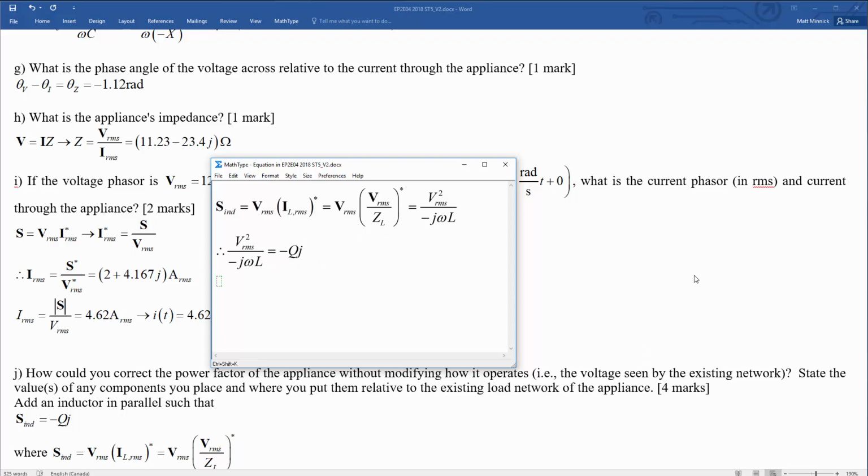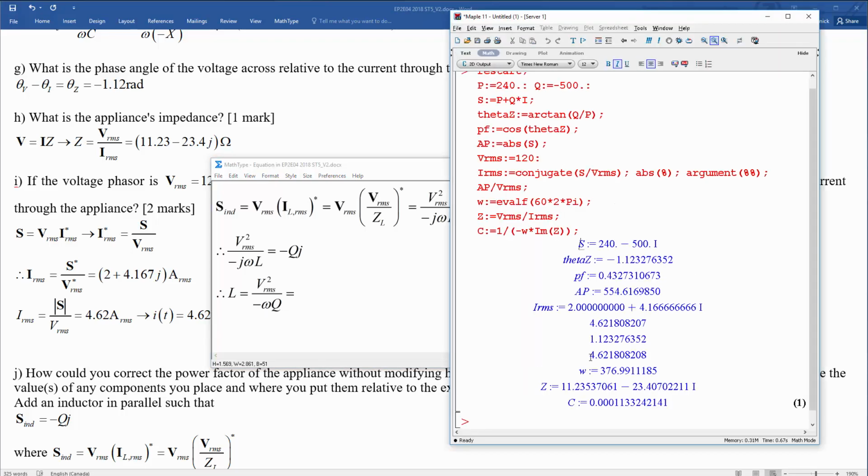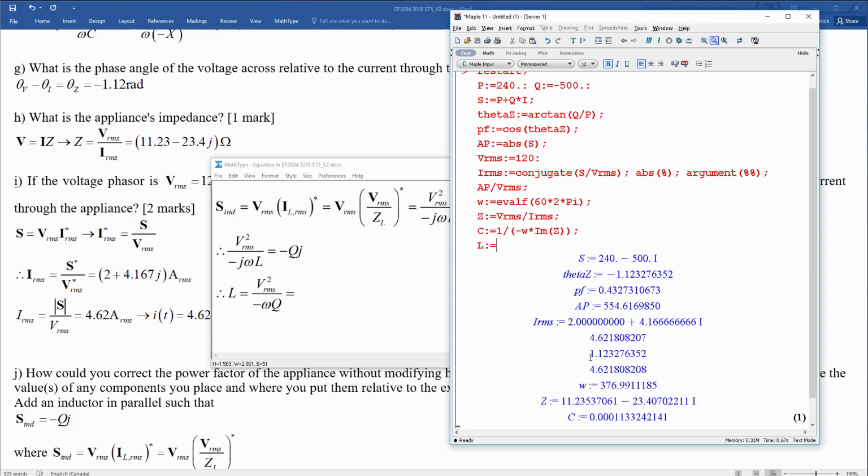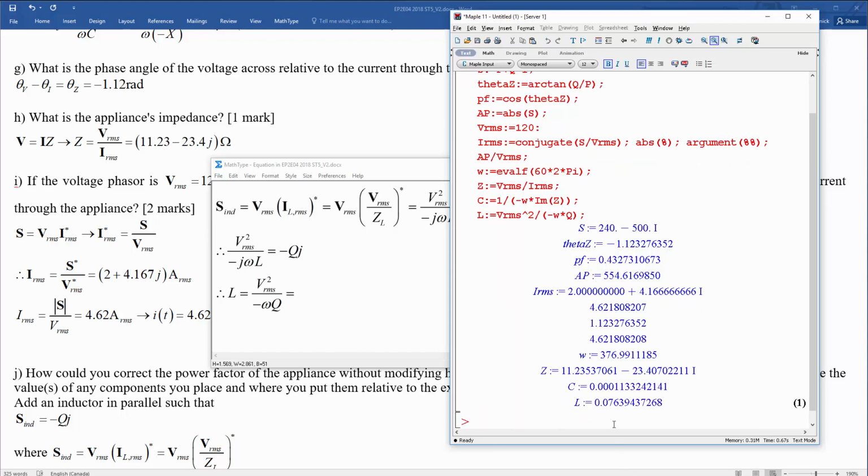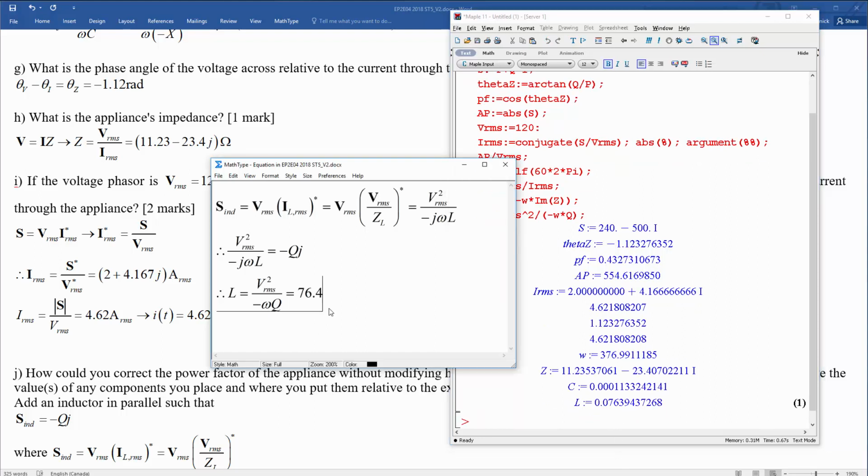So this means L is equal to Vrms squared over negative omega Q. Okay. Let's try that out. Vrms squared over negative W times Q. And we've got 76.4 millihenry.